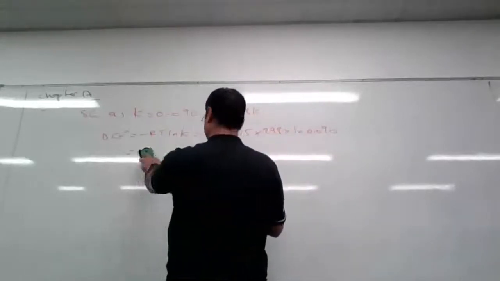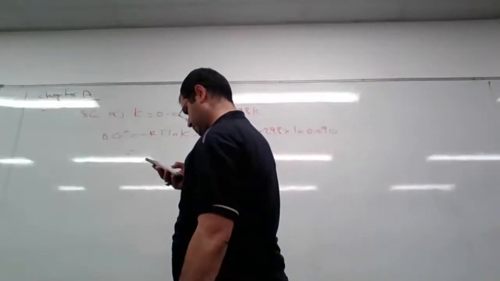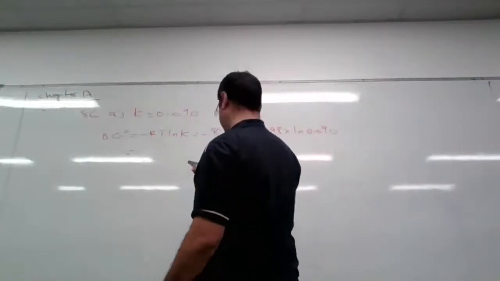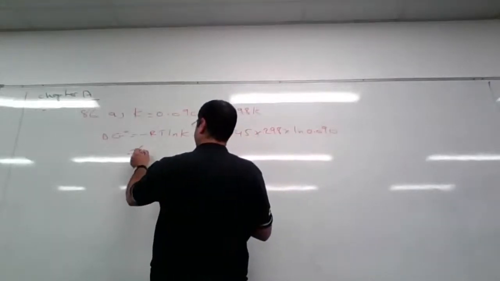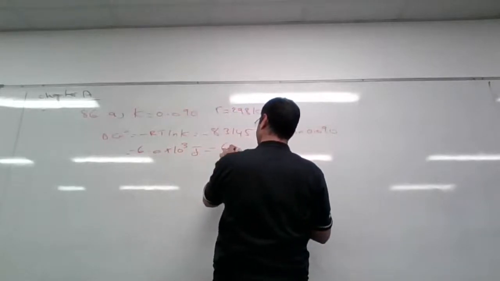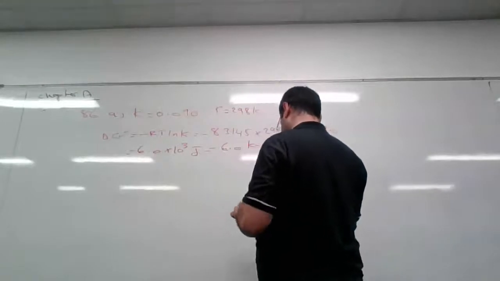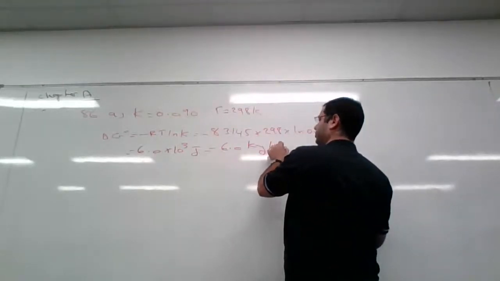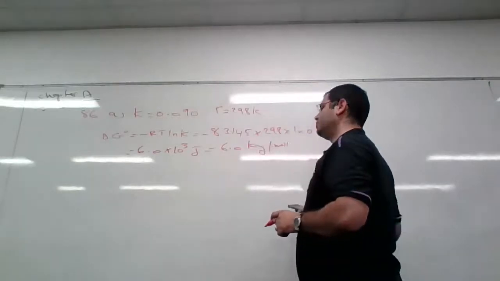No, it's not that. So the answer is 6.0 times 10 to the power 3 joule. It's equal to 6.0 kilojoule. Good. Don't forget the R. What's the unit for R? Joule per Kelvin mole.